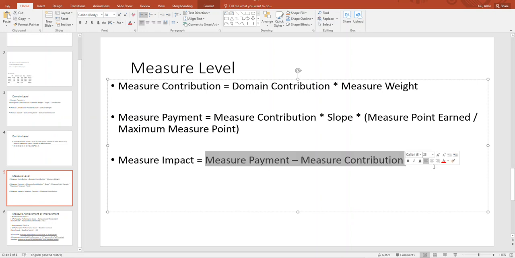And from there you can calculate the measure impact. Again, you have a payment minus contribution on your institutional level, and then break it down to the domain level, and then go down to the measure level. So basically, that's how you calculate your income per institution, per domain, per measure.